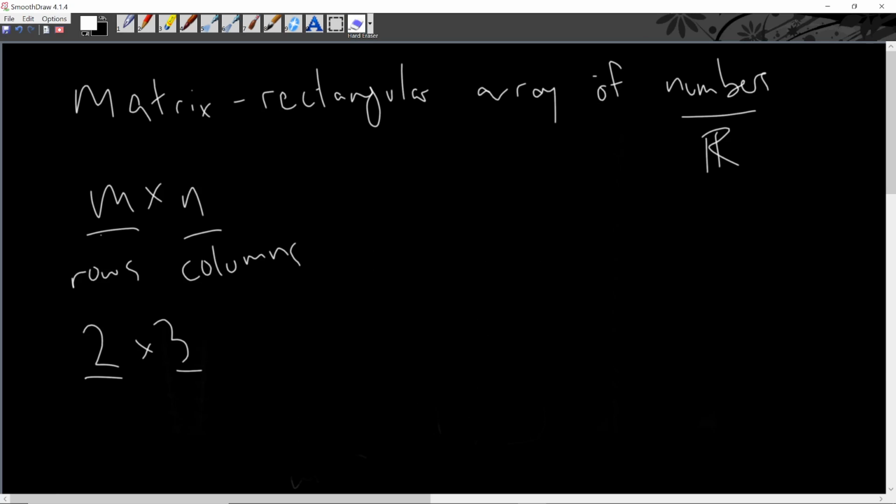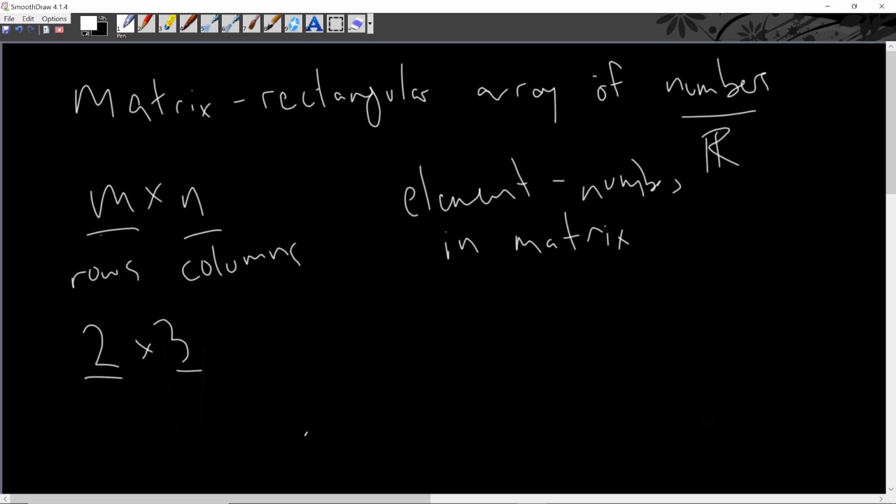And we're going to be referring to each element, or each thing. An element is just a number in a matrix. We'll be referring to each element by their location relative to these columns and rows.